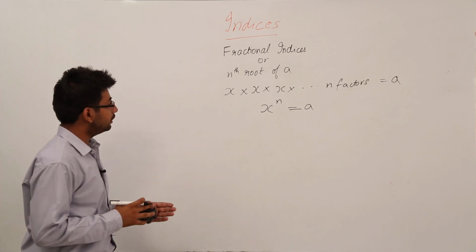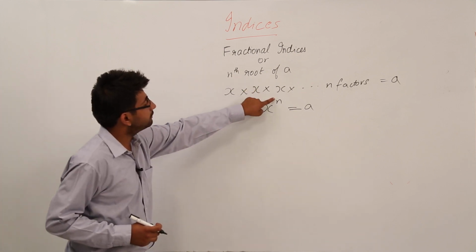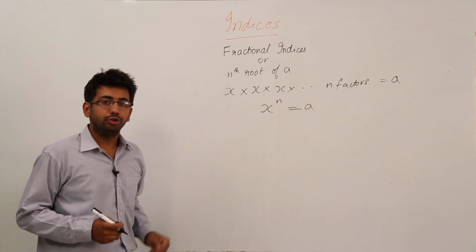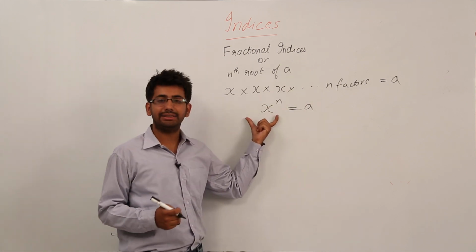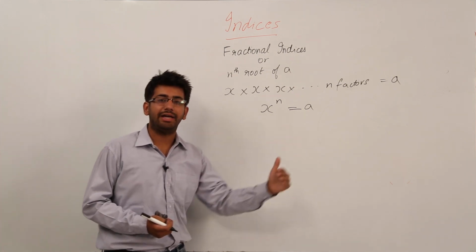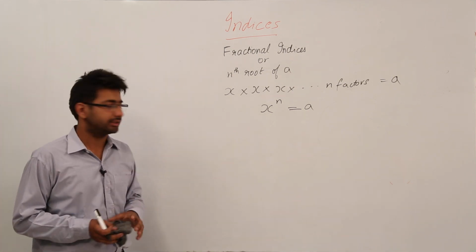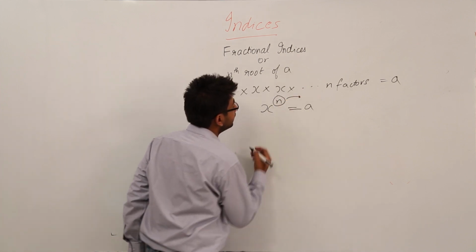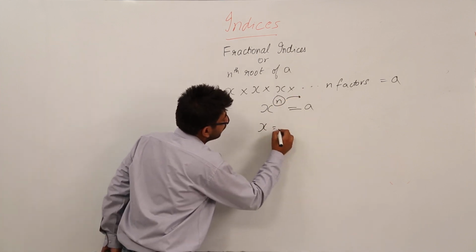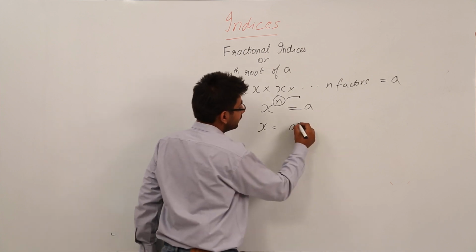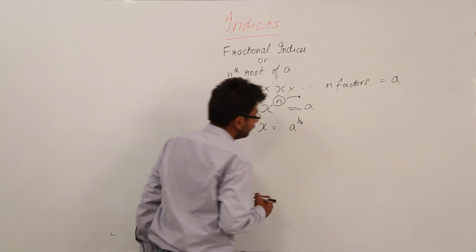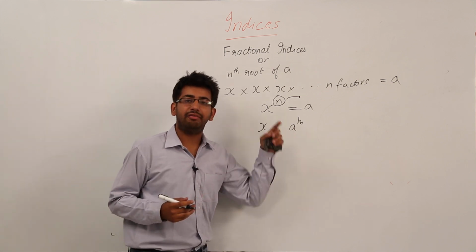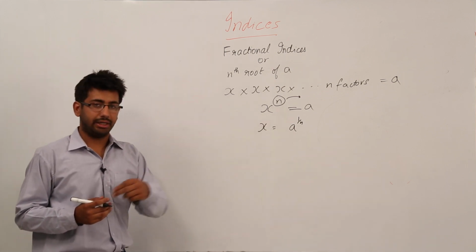Now we have to learn how to shift this index n to the other side, so that we have only x left on this side and we can find the value of x. We shift it by writing a raised to power 1 by n, where a is the base and 1 by n is the index.